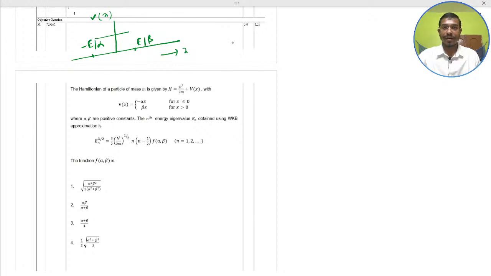So here by the WKB approximation, the integration from minus e by alpha to e by beta of p dx is equal to n plus half pi h cross.